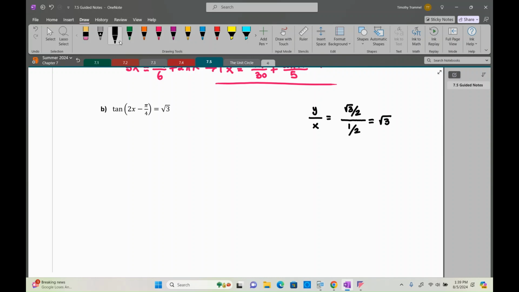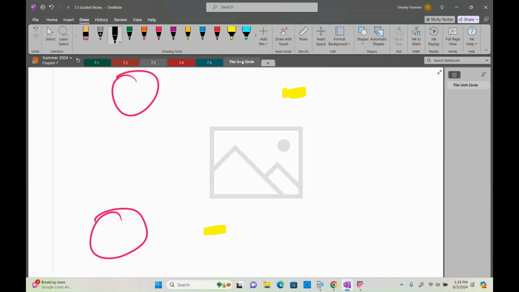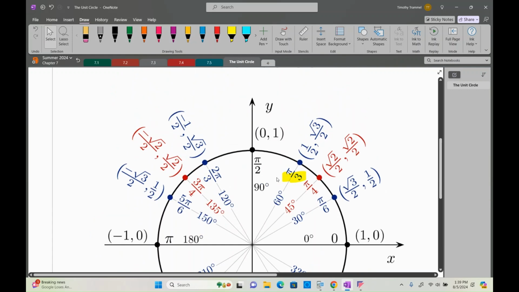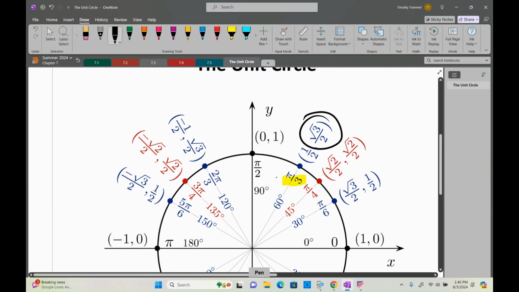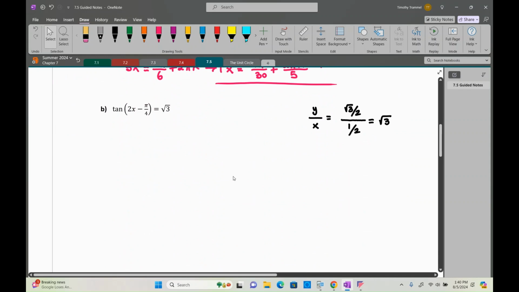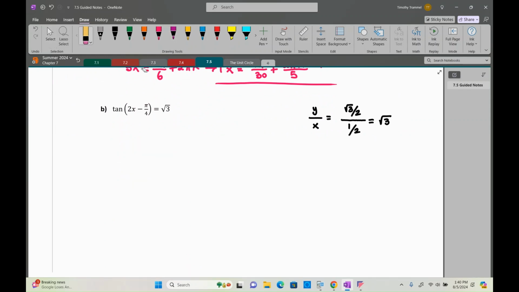So if we come over to our unit circle, we can now find the location where y is the square root of 3 over 2 and x is 1/2. And that is at pi over 3. So let's take care of that.